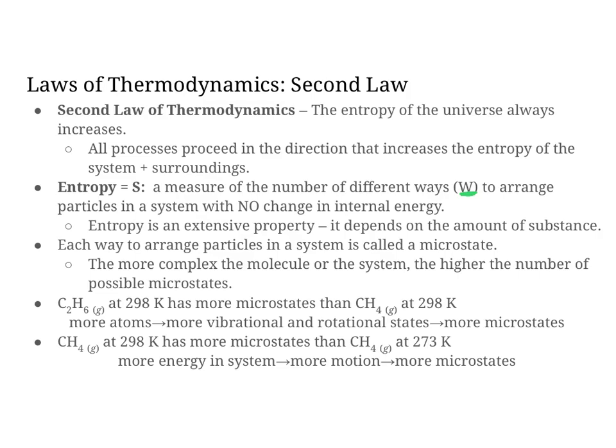And so we'll talk about that in a little more complex discussion in a second. So for example, C2H6, which is ethane, which looks something like this, versus methane, which looks something like this.